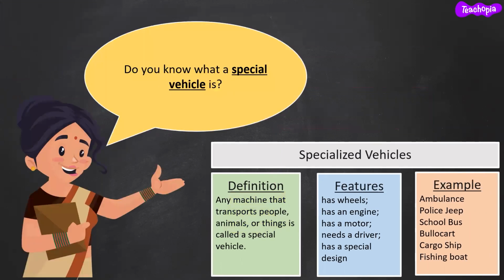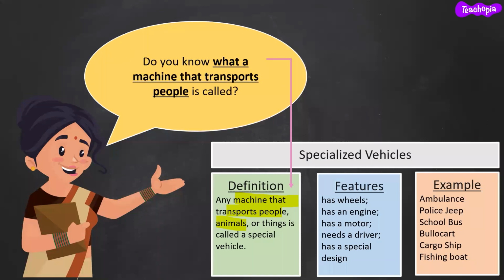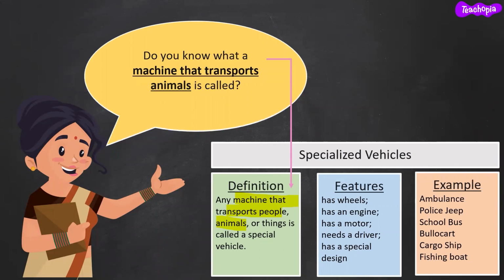Like that, I can construct more questions and pick more words from the definition category. I can create many questions like, do you know what a special vehicle is? Do you know what a machine that transports people is called?